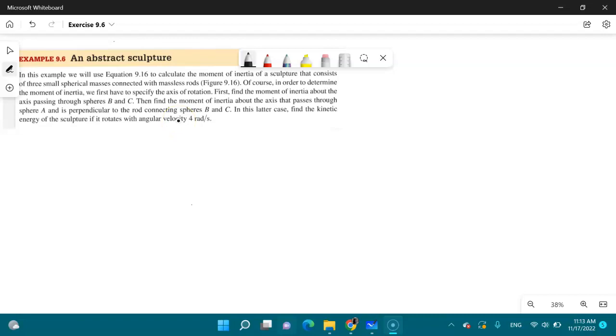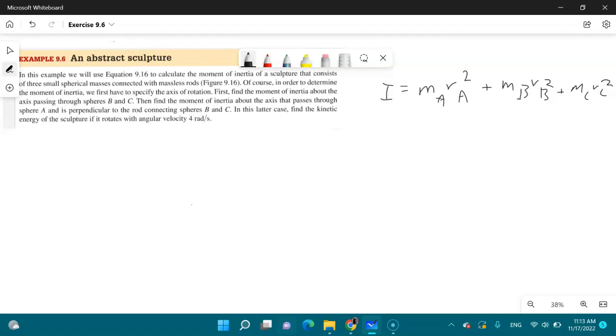So in this problem, the first thing that we're going to do is make an equation for the axes. So here we'll have I, the inertia, is equal to the mass of A times the radius of A squared, plus the mass of B times the radius of B squared, and then plus the mass of C times the radius of C squared.